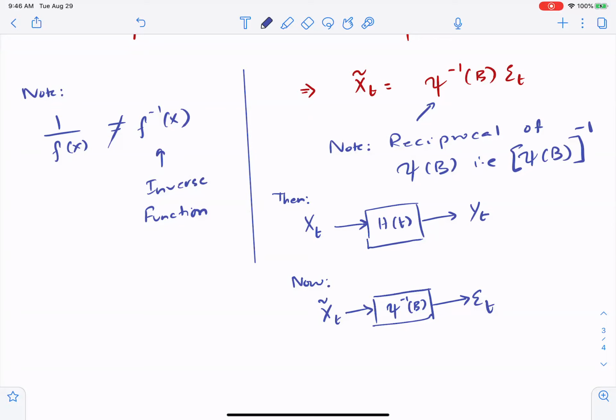Or picture? Oh, I wrote it backwards. You shouldn't agree with me. Epsilon t and that.